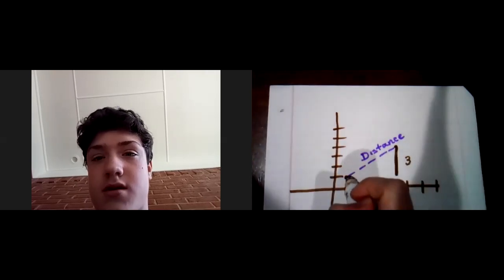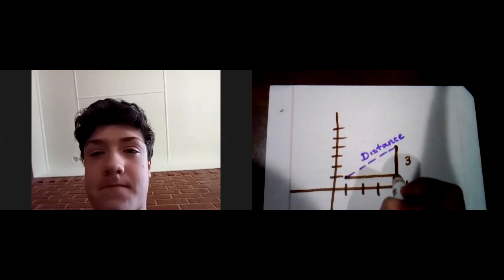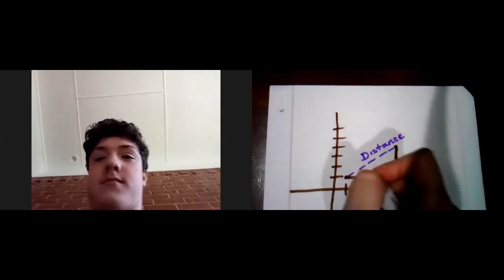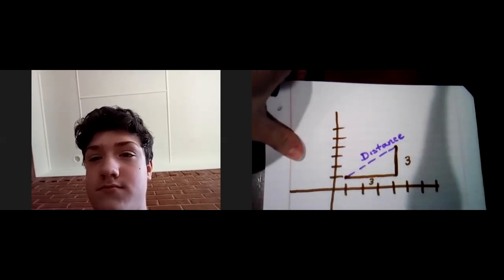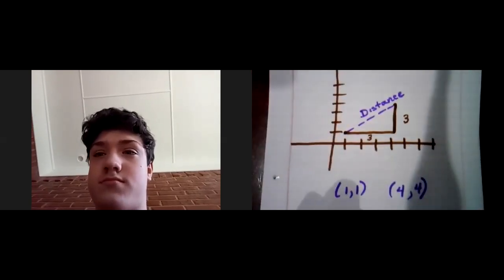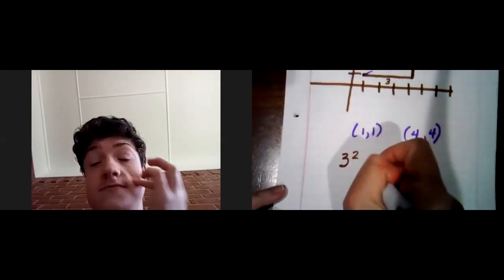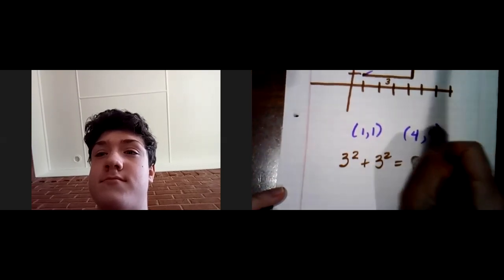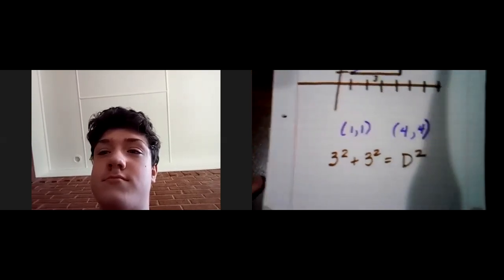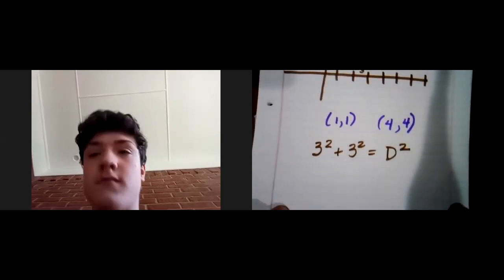And this, going this direction, is also 3. Now, what you've learned in the past is that 3 squared plus 3 squared is equal to that distance squared, right? From the Pythagorean theorem.